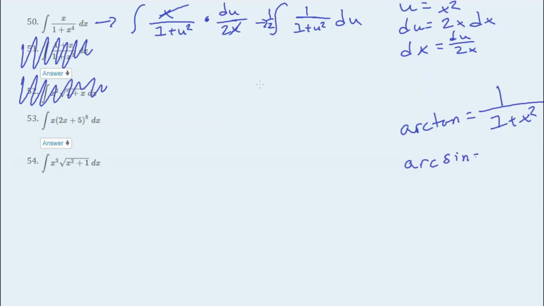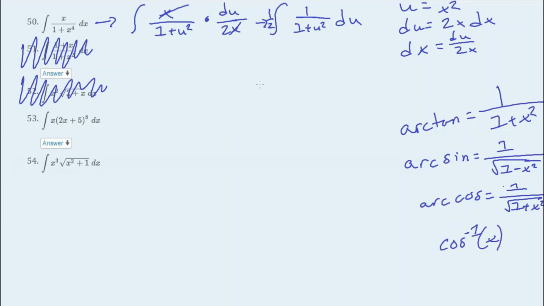So the derivative of arc sine is 1 over square root of 1 minus x squared. And arc cosine is, up to a sign, the same form. And arc is basically the inverse. So arc cosine would essentially be cosine negative 1 of x if you were to plug it into a calculator. But this is important to know, especially with u substitution and integration further on.